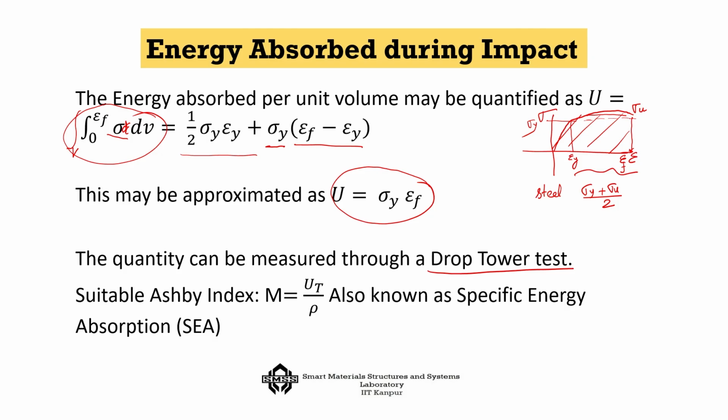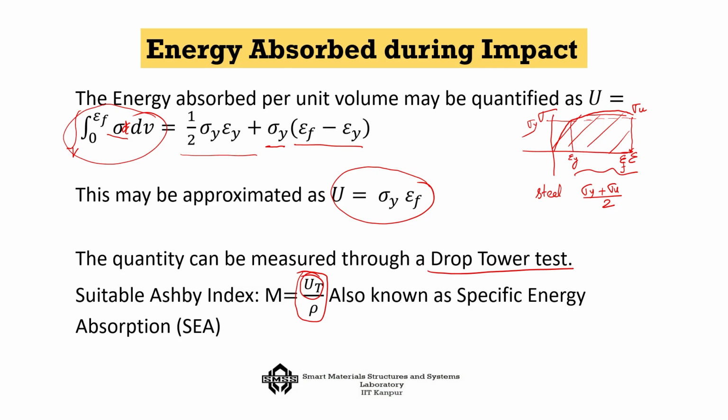The drop tower test helps you calculate the energy that is actually absorbed in the system, and once you know that, you can also find the specific energy absorption. That means ut over rho will give you the specific energy absorption, and that is one very common index in this direction.